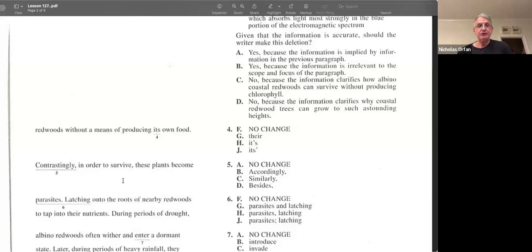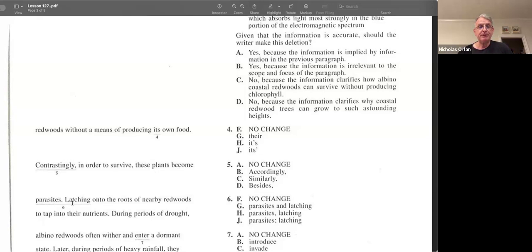In order to survive, these plants become parasites, latching onto the roots of nearby redwoods to tap into their nutrients. So latching onto the roots of nearby redwoods is a dependent clause. It's an -ing clause. It cannot stand as an independent sentence. This has to be a comma, and this has to be a small l, because it's part of the previous expression.